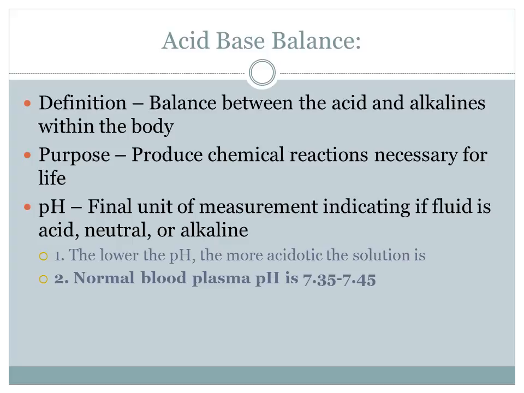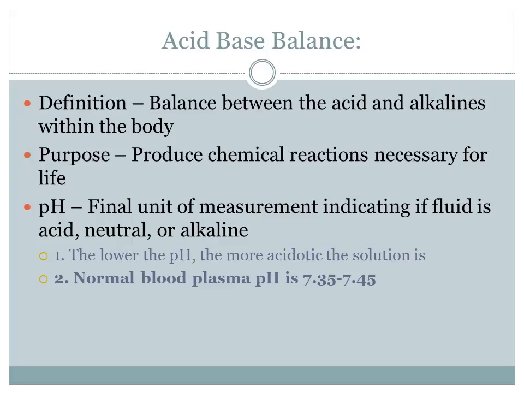Other organs in the body also help to maintain fluid, electrolytes, and acid-base balance. Healthy kidneys, skin, and lungs are the main regulating organs by selectively retaining or secreting electrolytes and fluid according to our body's needs.